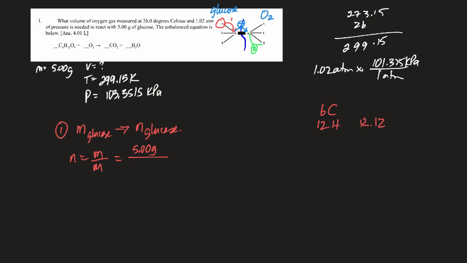And there are 6 oxygens, 6 times 16, I think, is 96. 6 carbons, that's 72.06, I think. Okay, add those up. That's 180.18 grams per mole.